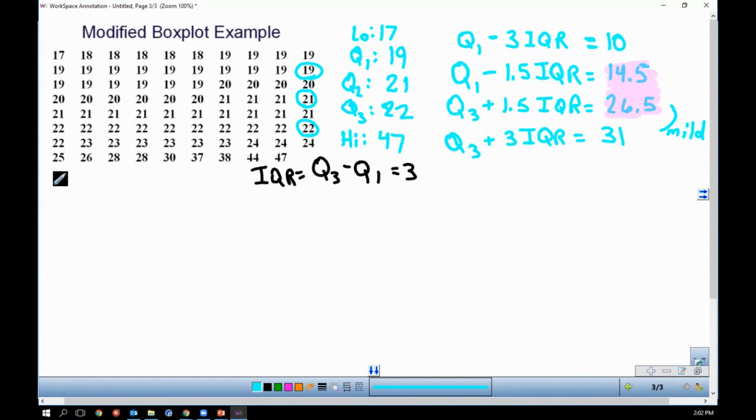So do we have any other mild outliers? 28, 28, and 30. These are mild. If they're bigger than 31, they're extreme. So that means these other points out here are all extreme.